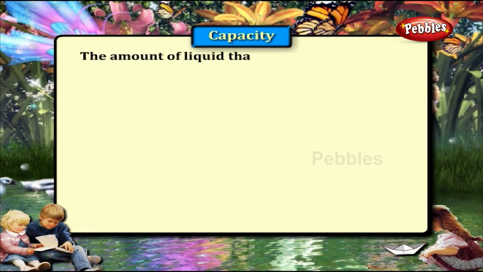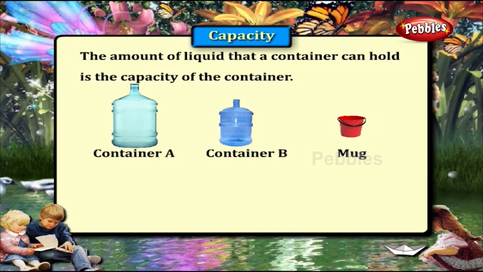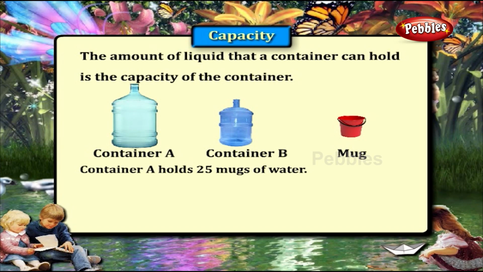Capacity. The amount of liquid that a container can hold is the capacity of the container. Container A holds 25 mugs of water. Container B holds 18 mugs of water.